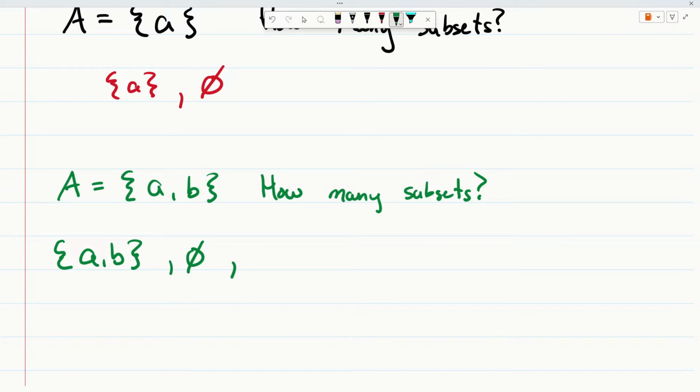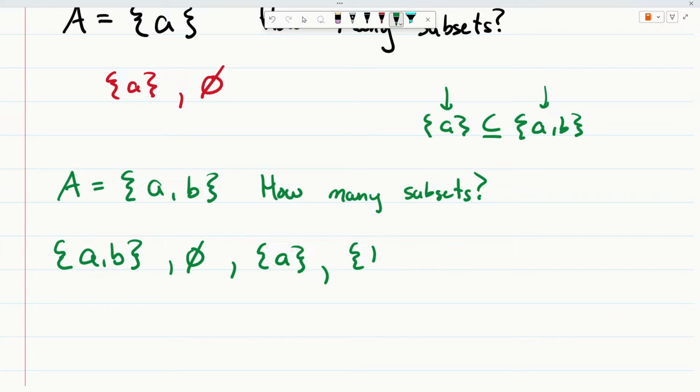And then you have 2 more. You can have the set itself, A, B, but you can also just have the element A. Is A a subset of A comma B? Well, remember, all the elements in the first set have to be in the second set. If that is true, then it is a subset. So this is true.